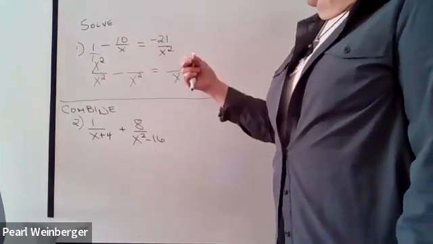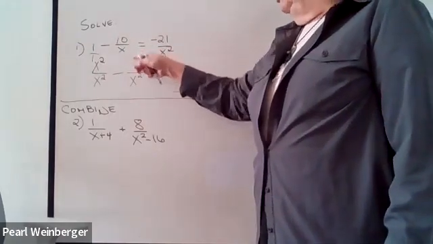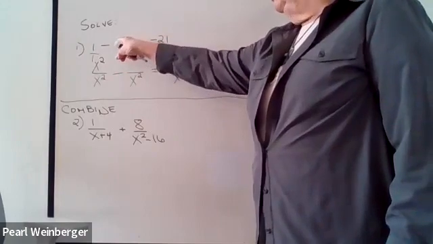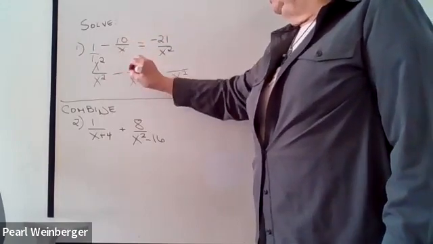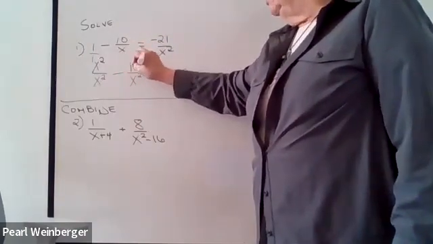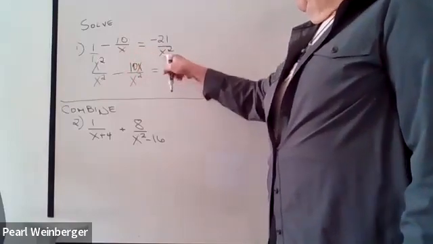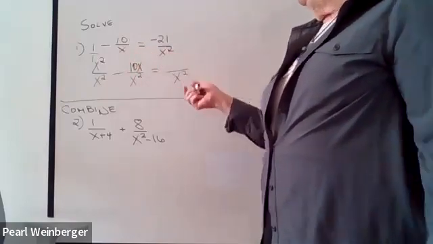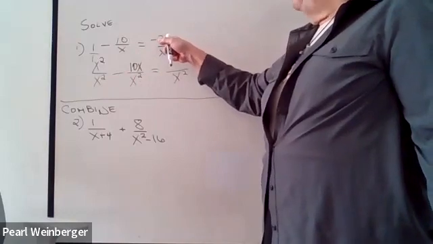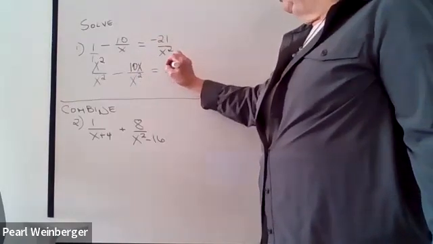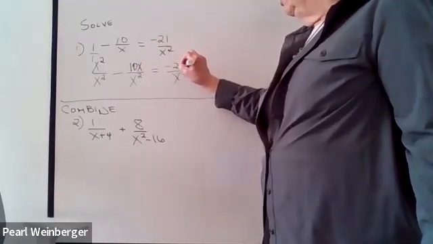We're getting x to the 1, or just plain x. And we multiply it by the 10, and we get 10x. And finally, the x squared and the x squared cancel out. So all I'm left with is 1, and 1 times negative 21 is negative 21.